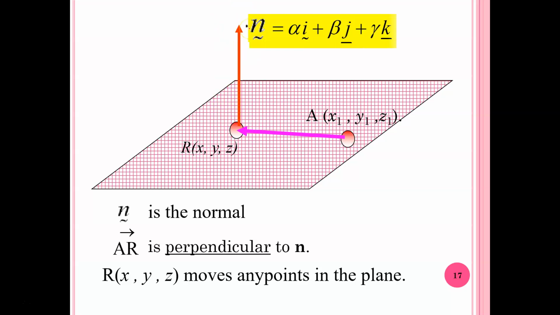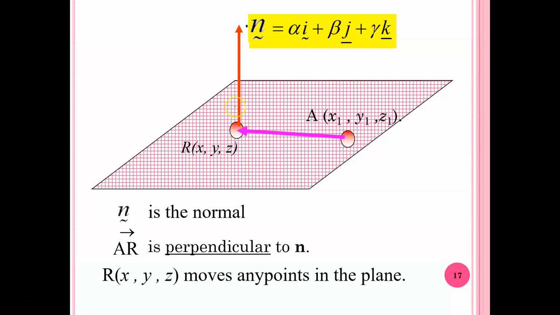Okay, so this is your n yang berserenjang tadi. Kalau plan kamu macam ni, mendatar, dia menegak. And AR is perpendicular to N. A to R. So this is A to R kan? This is A. This A to R perpendicular to N. Dia berserenjang pula dengan yang N ni.